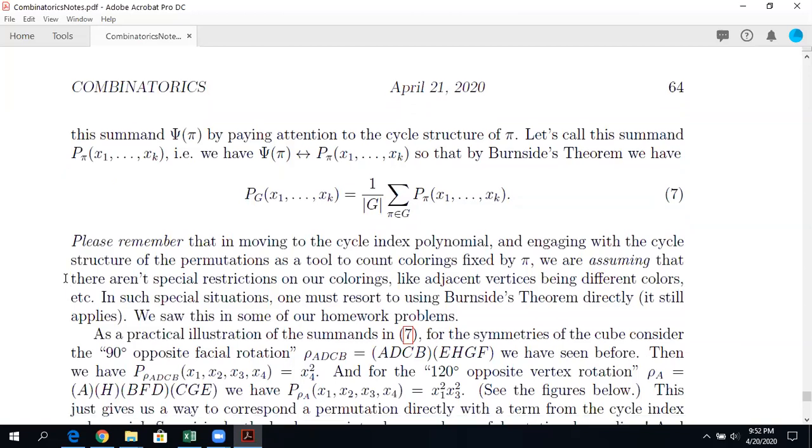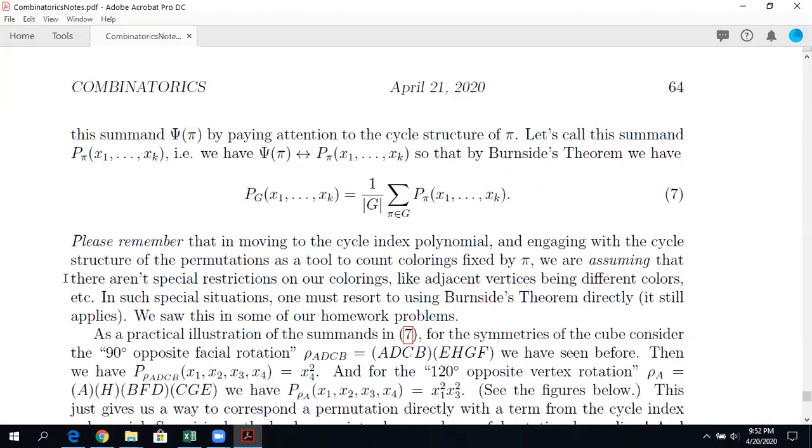I'm going to invent a notation for that term, and I'm going to call it P sub pi of x1 through xk. So we have this nice correspondence. I didn't write equals, notice, because psi of pi is a number, the number of colorings that are fixed by pi.